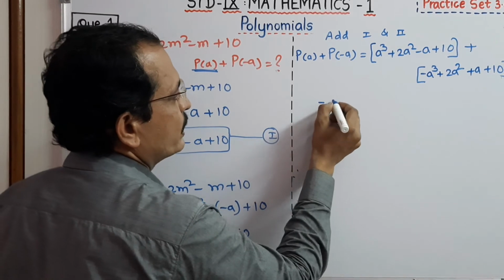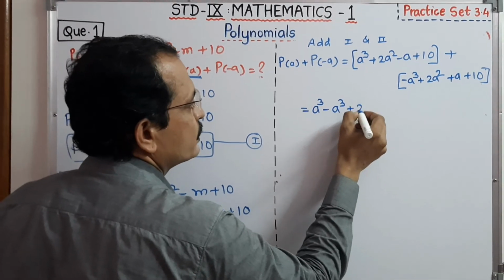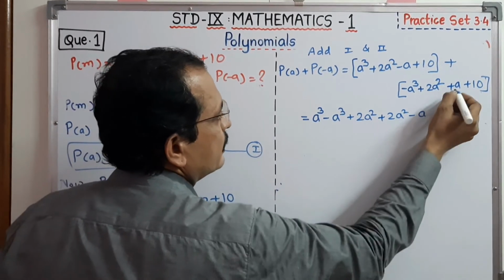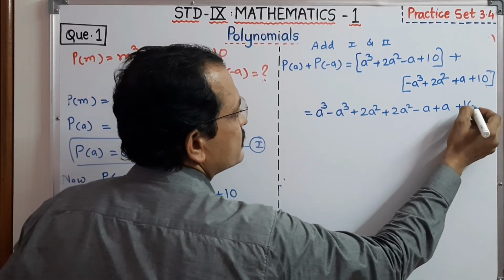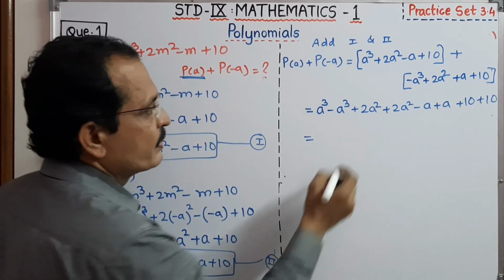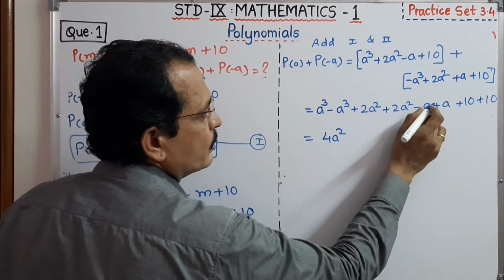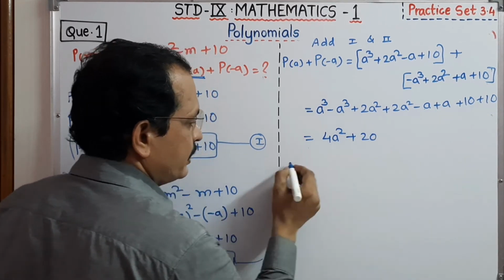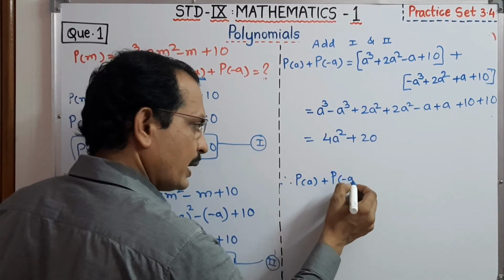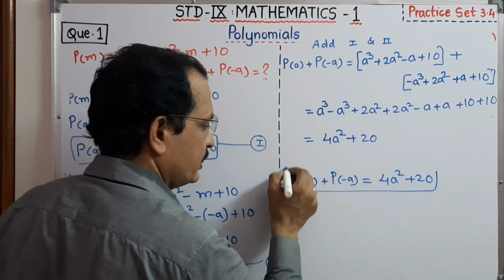Similar terms we have to take together. A cube and this minus a cube, plus 2a square plus 2a square, minus a plus a, plus 10 plus 10. Therefore, a cube minus a cube is 0, 2a square plus 2a square is 4a square, minus a plus a is 0, and 10 plus 10 is 20. Therefore, dear student, the final answer P(a) plus P(minus a) is equal to 4a square plus 20.